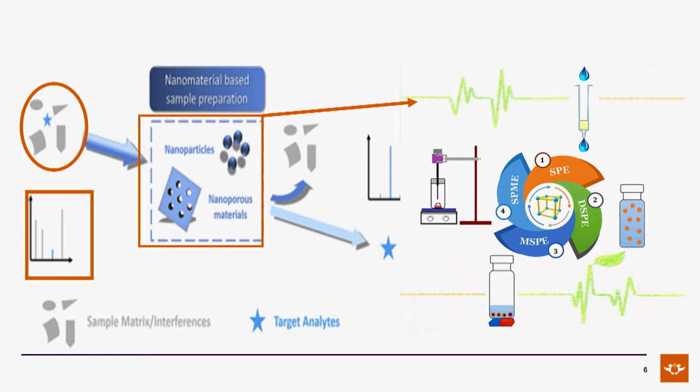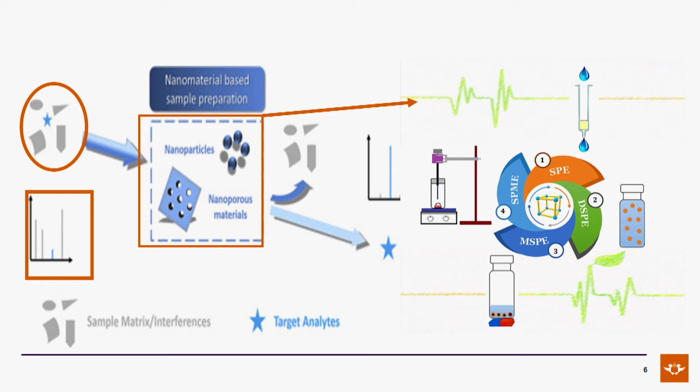But one will always design a method based on the needs. So once you apply those, what you are able to do is to separate the matrix, and be able to detect the analyte. Now you can see, relative to what you had before you had a proper sample preparation, now you have data that you can say is trusted.